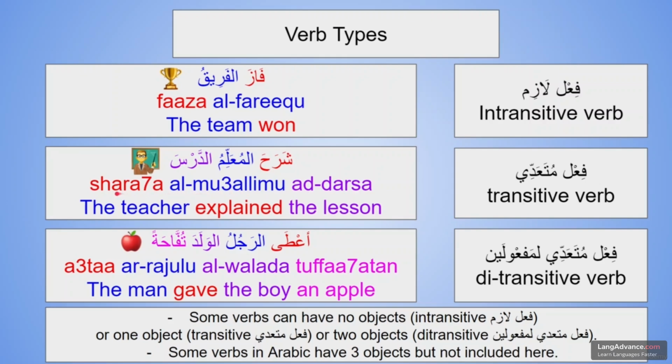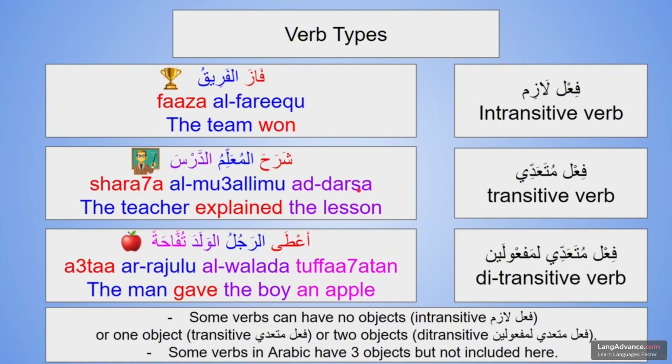So you see the sentence starts with the verb شرح, which means explain, and then the subject, which is al-muallim, and then we see the u at the end, indicating that it is a subject. Al-muallimu. And then the object here is ad-darsa. So the lesson here is the object, so it has this a at the end.